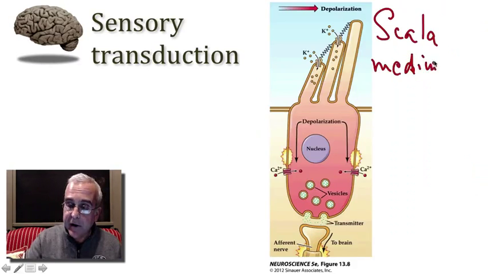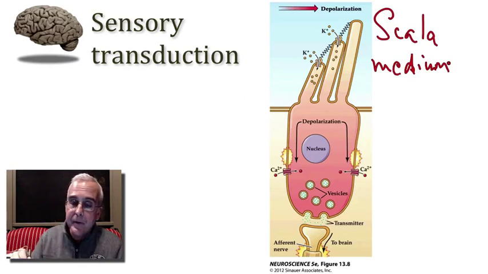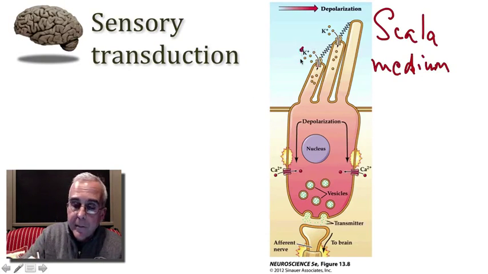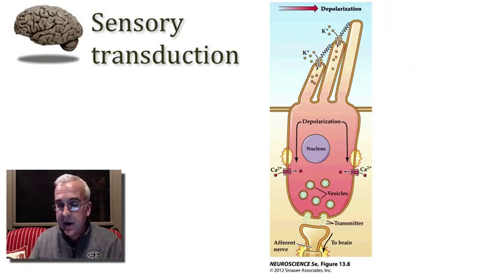So here is an inner hair cell, and its stereocilia are protruding off the apical surface of the organ of Corti, that sensory epithelium. And at the very tips of these stereocilia are potassium channels. And the potassium channels from one stereocilium to the next are connected with a spring-like protein called a tip link.